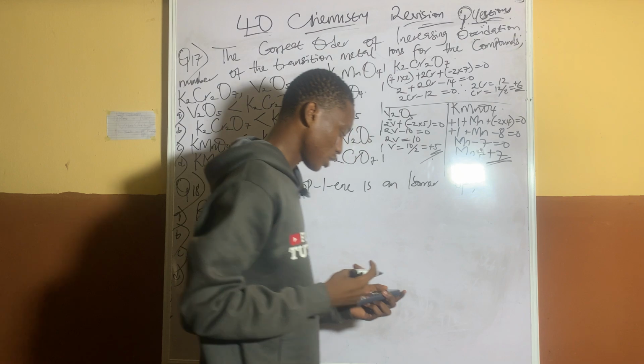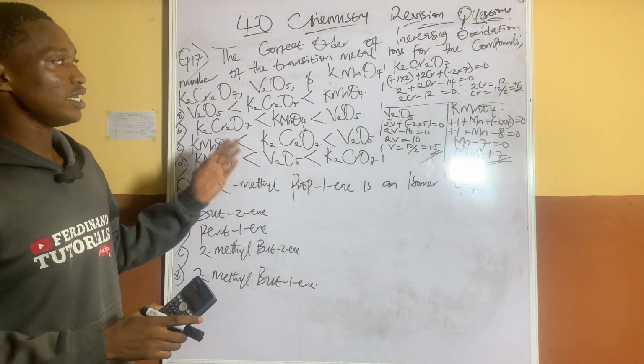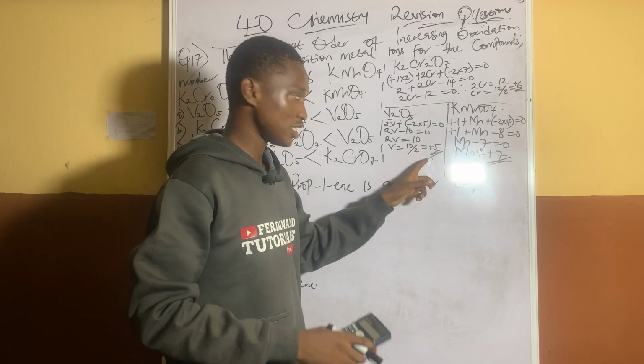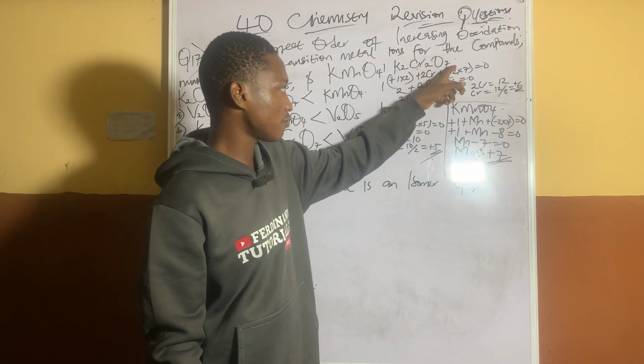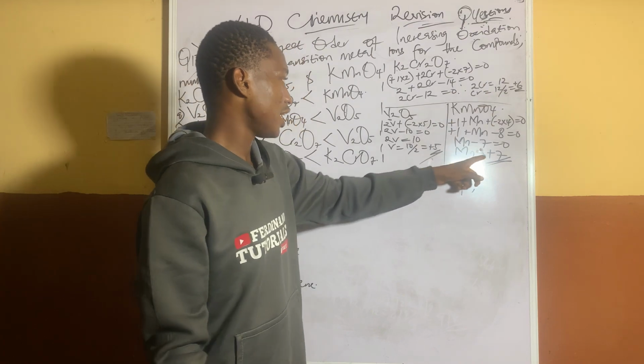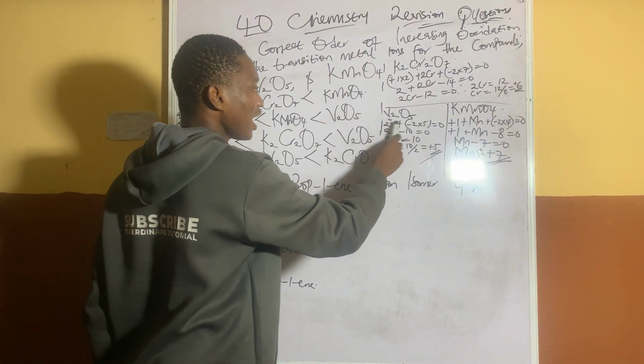If you are talking about the oxidation state, which one has the least to the highest? The least is V2O5, followed by K2Cr2O7, which has 6, and then the highest is KMnO4. Increasing means from lesser to higher.